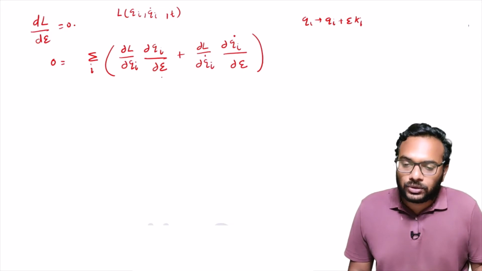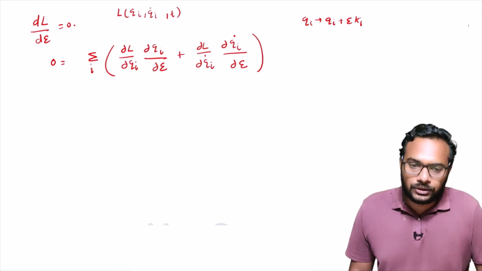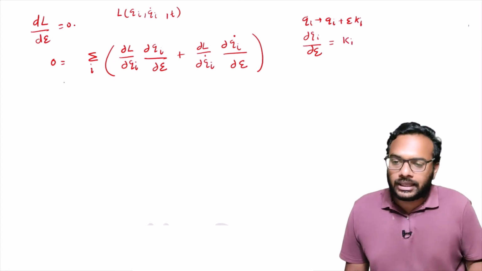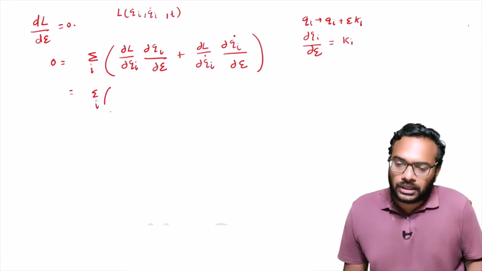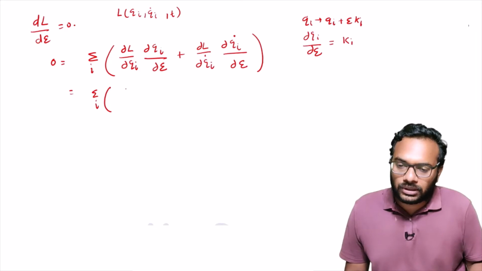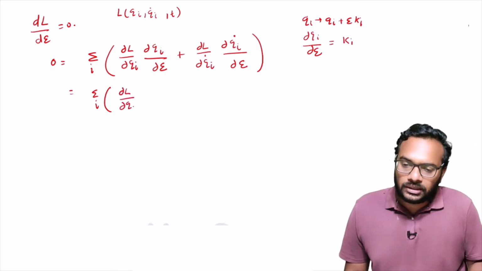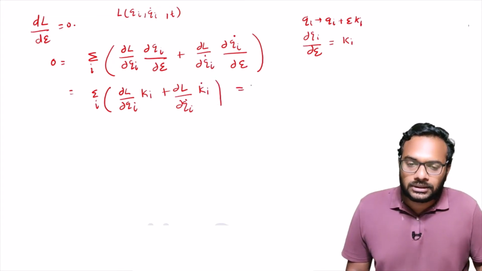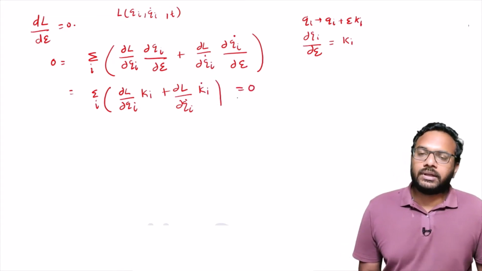So ∂qi/∂ε, this is the new coordinate, is equal to ki. So this is equal to the summation over i of ∂L/∂qi multiplied by ki plus ∂L/∂qi dot multiplied by ki dot. So this is equal to 0. This is what we are going to demand now.